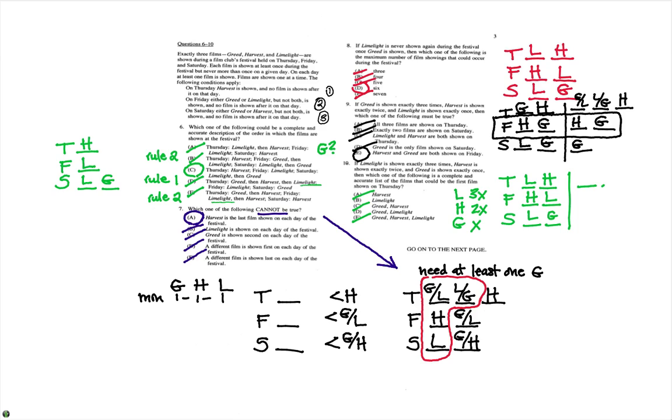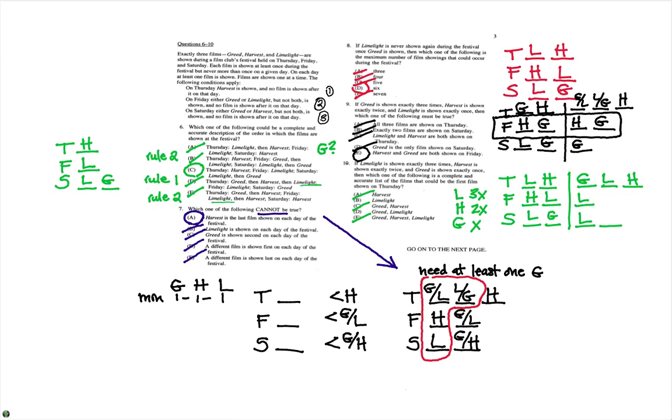Well, if Greed came first on Thursday, again, we know that Limelight is also on Thursday, and then Harvest must be the last film shown on Thursday. Limelight, again, must show up all 3 times, so we know that Limelight comes on Thursday. In terms of Saturday, again, we know we must have Limelight because it shows up all 3 times.